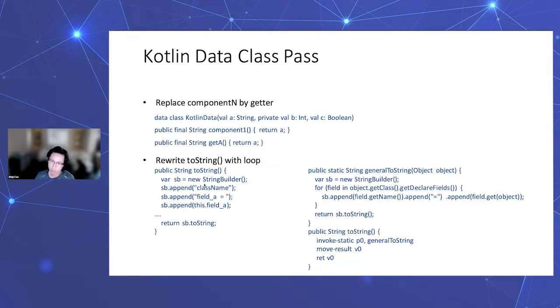So if we have n fields, the compiler will generate n string builder code blocks like this, which means the code size is proportional to the number of fields.